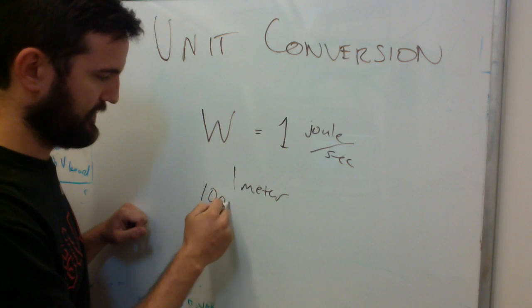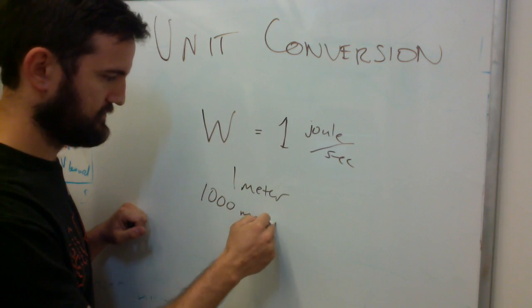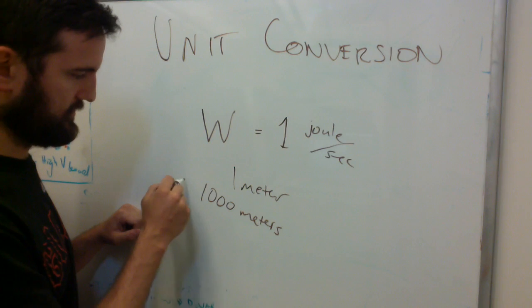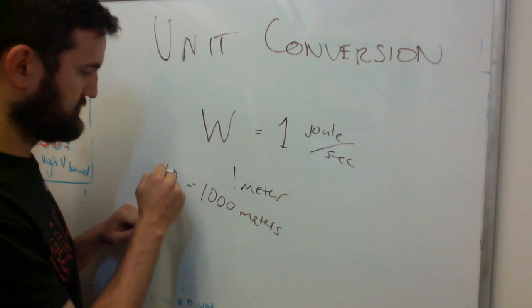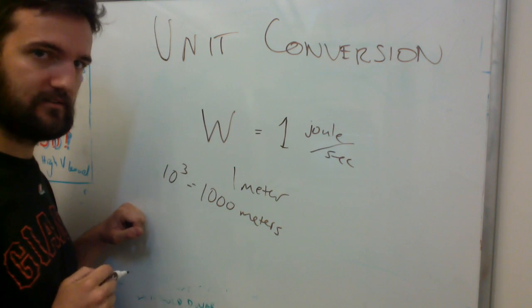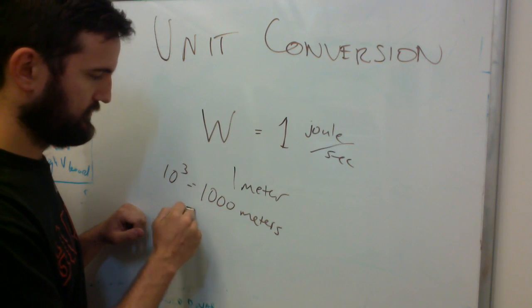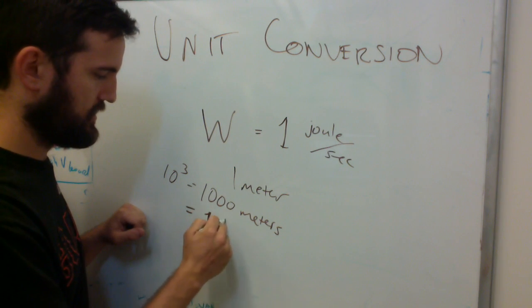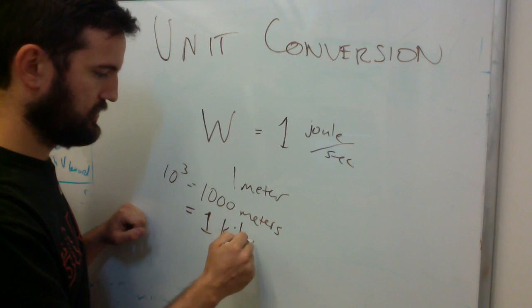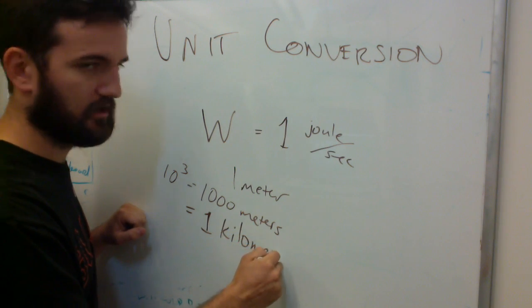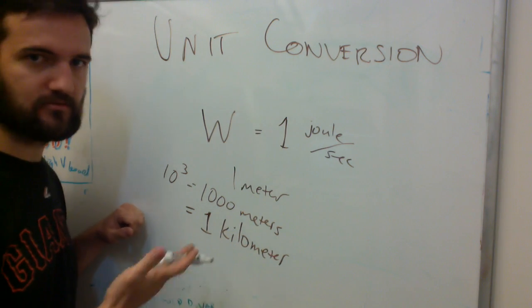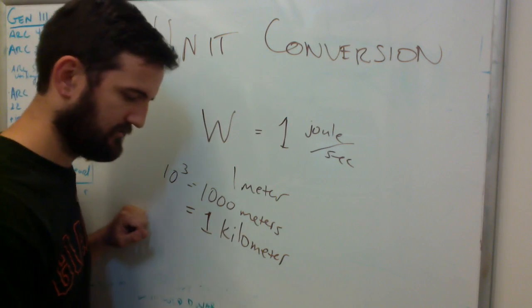If we have 1,000 meters, which is also equal to 10 to the 3 meters, you could call it 1 kilometer. Okay, so that's where these prefixes come from.